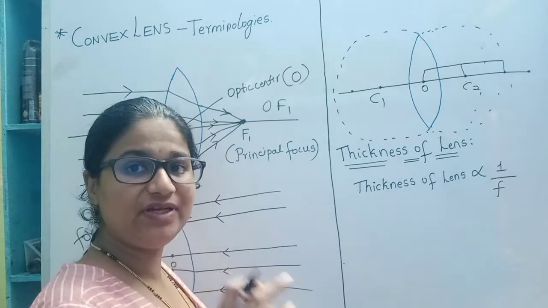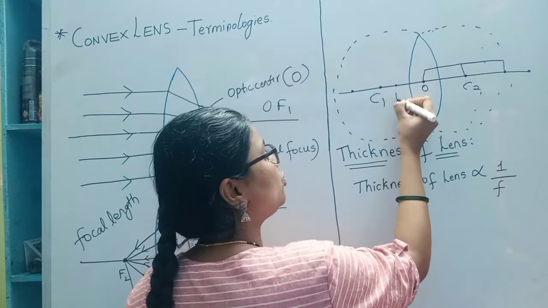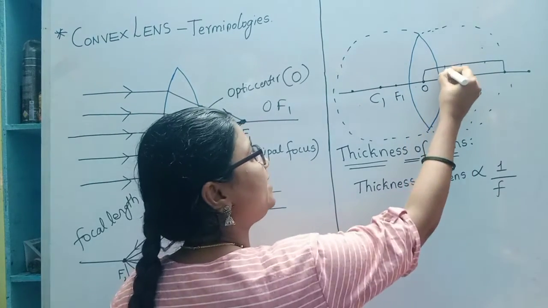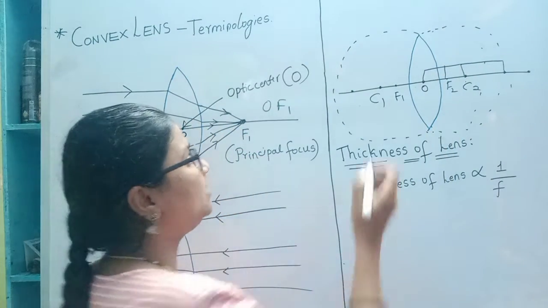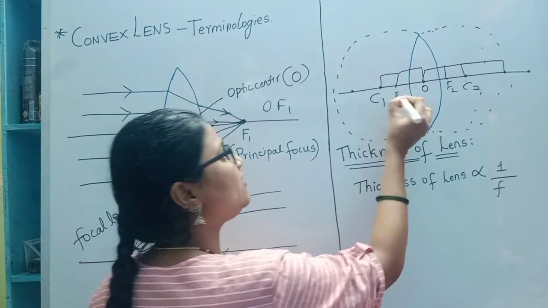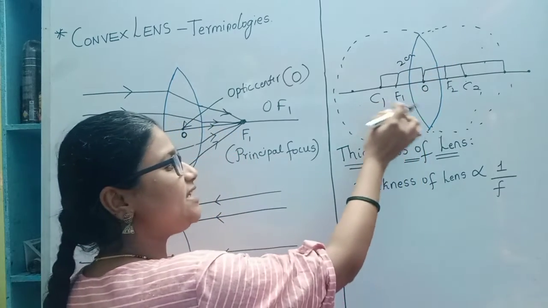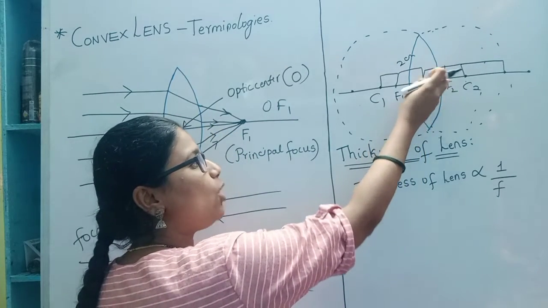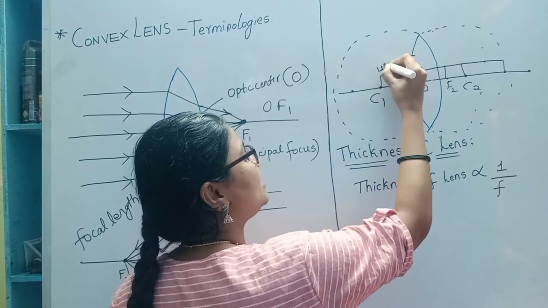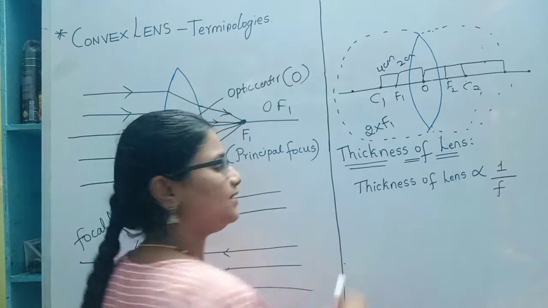Practically, when it is examined, C1 and C2 are found to be double the focal length. For example, if OF1 is a focal length of 2 centimeters, then OC1, the distance between the optic center and the center of that sphere, will be 4 centimeters, that is twice the focal length.